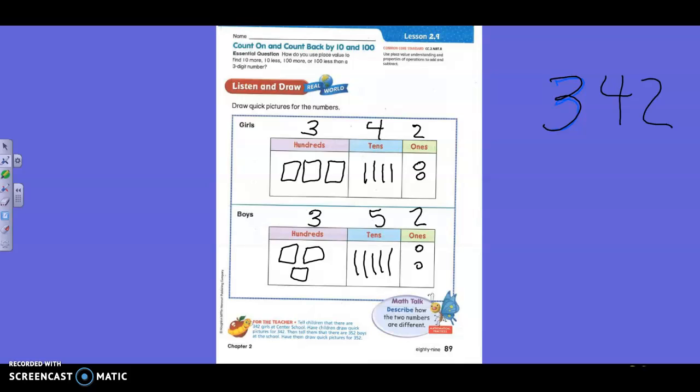Did the ones change? No. Did the 100's change? No. Look at it. Okay, when you're going up 10, for the most part, the only thing that will change is just the 10's. Okay? Let's do this again.